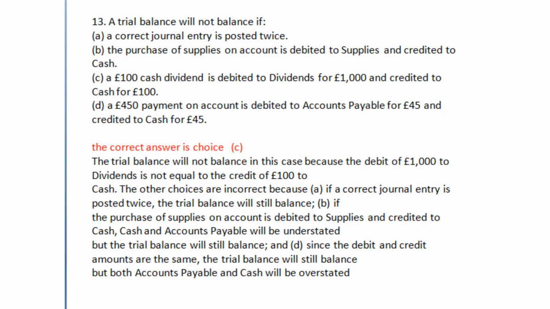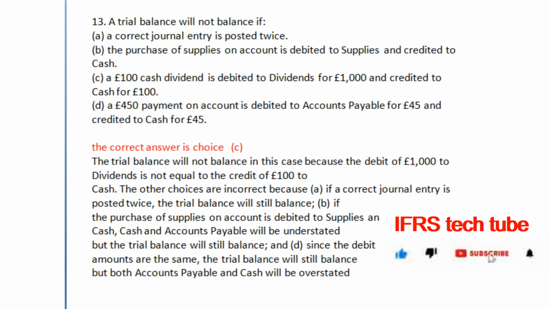The trial balance will not balance in this case because the debit of £1,000 to dividends is not equal to the credit of £100 to cash. The other choices are incorrect because A. if a correct journal entry is posted twice, the trial balance will still balance.